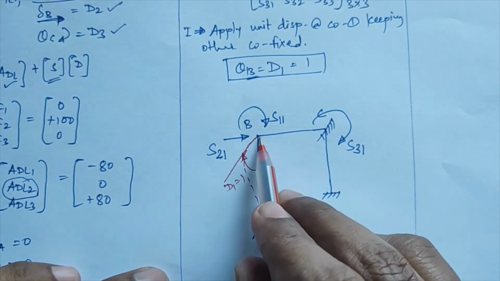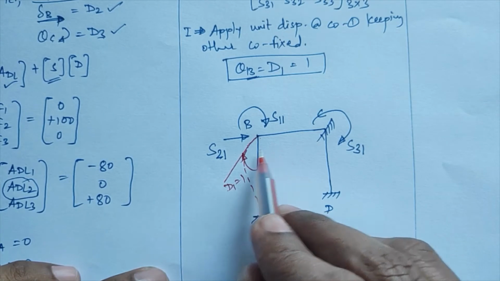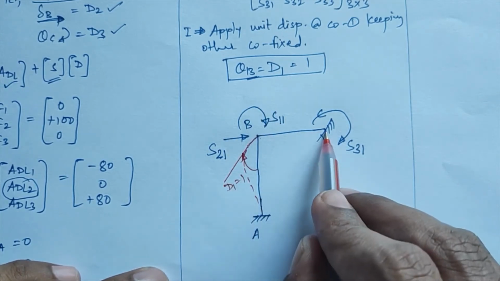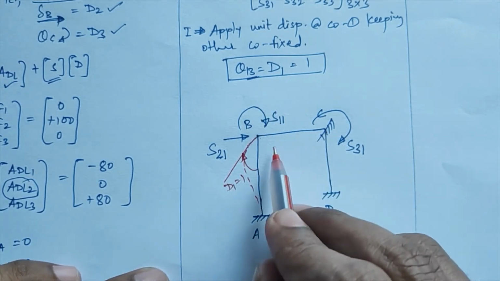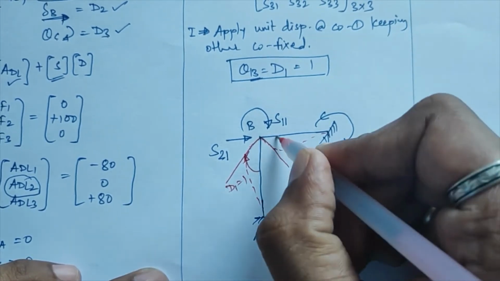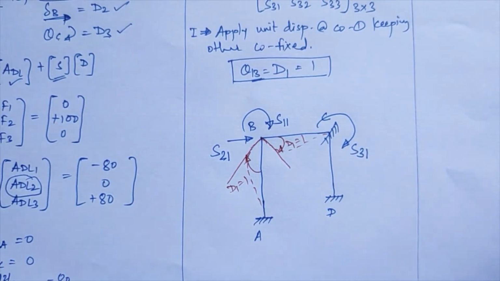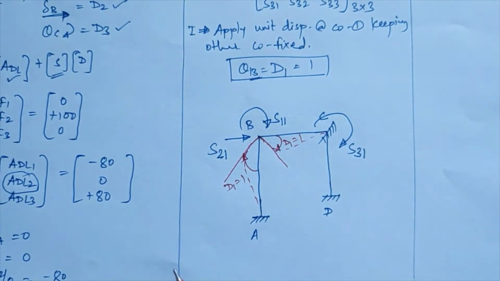Okay. Next S of 1 1, that will be again following a clockwise path for BC member over there. Okay. So it is originating from the downward side, so this will be from the downward portion, that is again D1 is equal to 1. So that will follow the downward path over here.